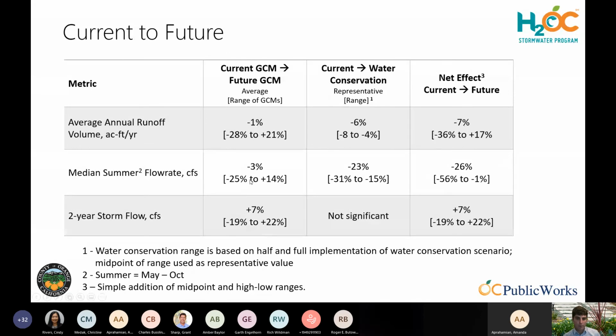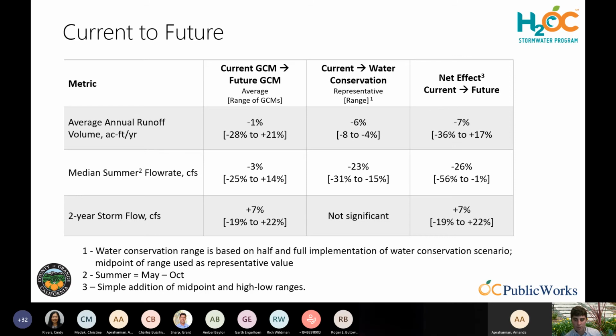Median summer flow is probably where we get the most strong signal. We see the combined effect of climate and water conservation, which are not really independent, barely spanning zero.